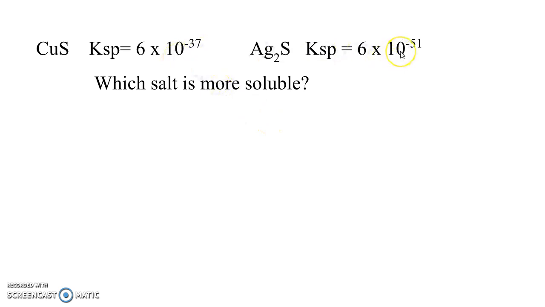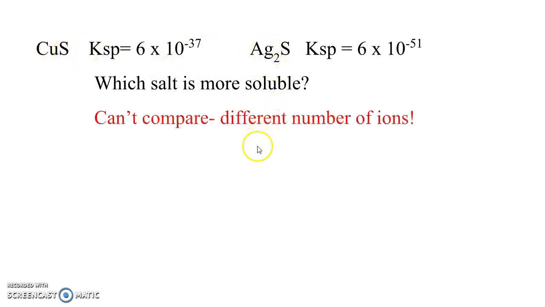So if I look at 10 to the negative 51 here for the silver sulfide, I might guess that the silver sulfide is going to be more soluble, but we don't really know that. And because copper and sulfide is a 1-to-1, and this is a 2-to-1, I can't compare. So because I have a different number of ions, this is not a useful thing.